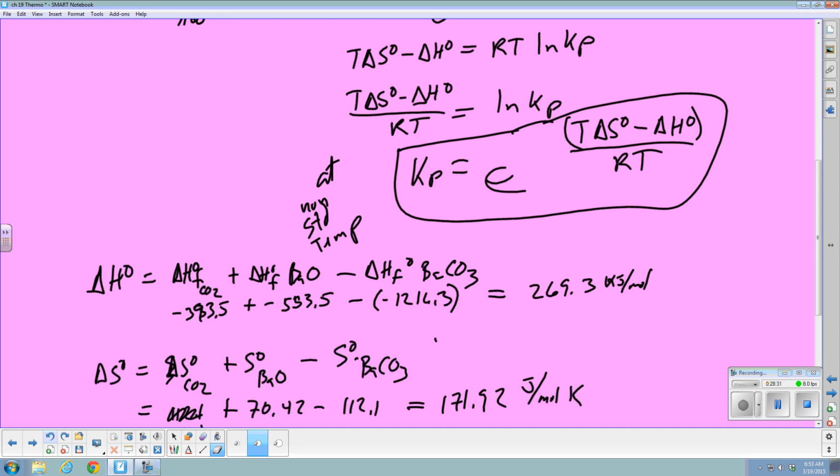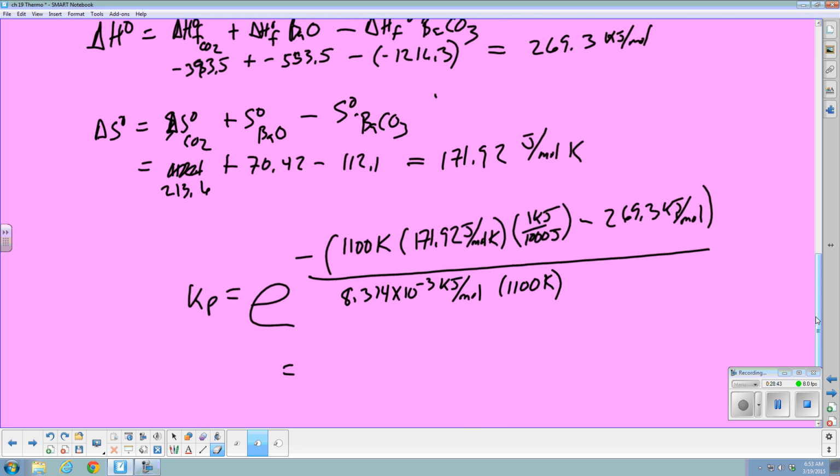Good. There is no negative in here, so it's just Kp equal to E to that value. Sorry, folks. All my values are right except for that goofball number I was giving you.